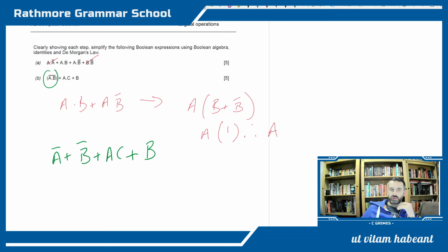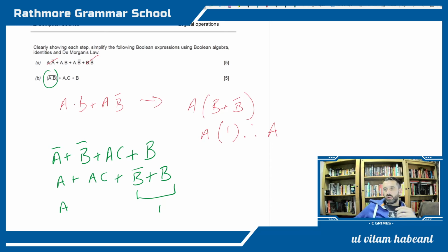I'm going to use the commutative law to move my not B, so it's A plus AC plus not B plus B. That is going to evaluate to a 1. That leaves the equation A plus AC ORed with a 1.